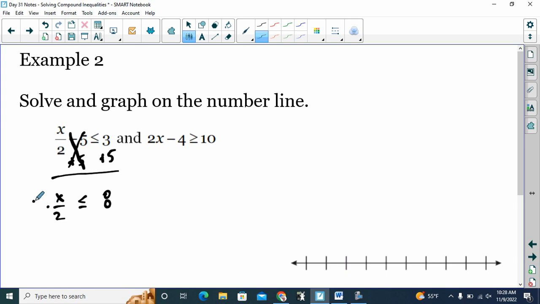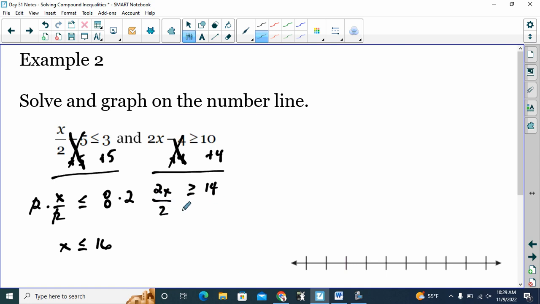When we divide, we can cancel division by multiplying. We multiply both sides by 2. If I multiply by a positive number, again, I do not flip my inequality. I get x is less than or equal to 16. Our second inequality over here, we add 4 to both sides, and then 10 and 4 make 14.